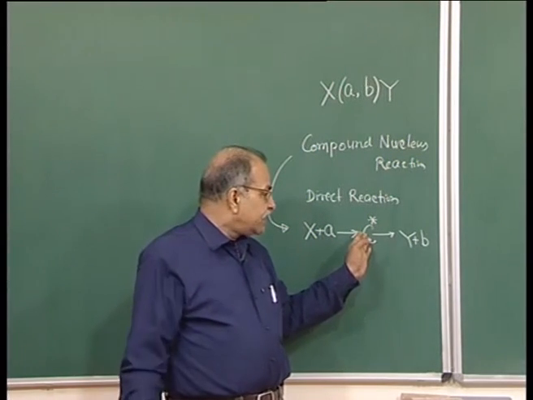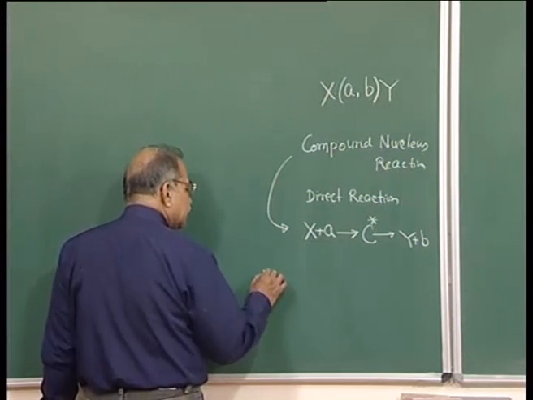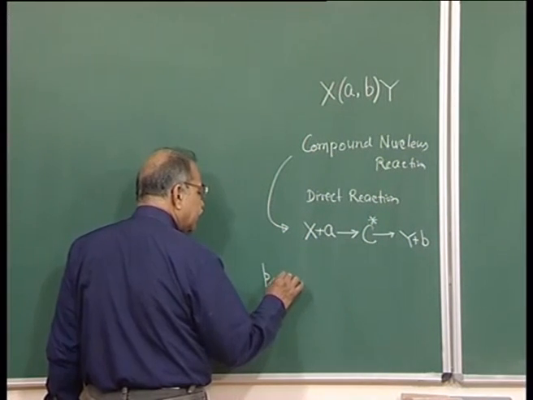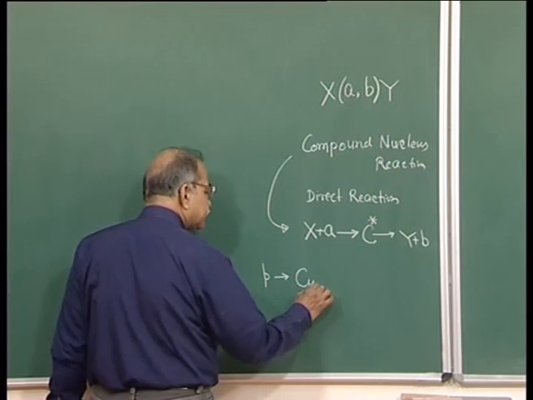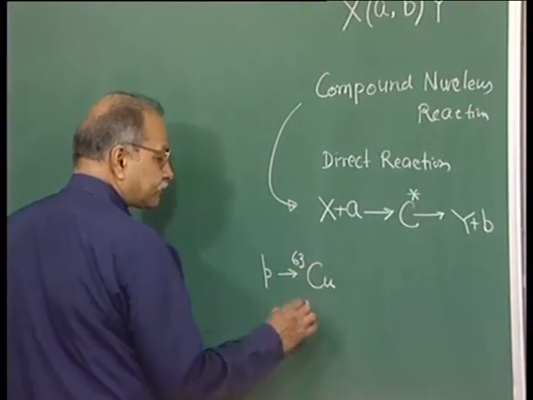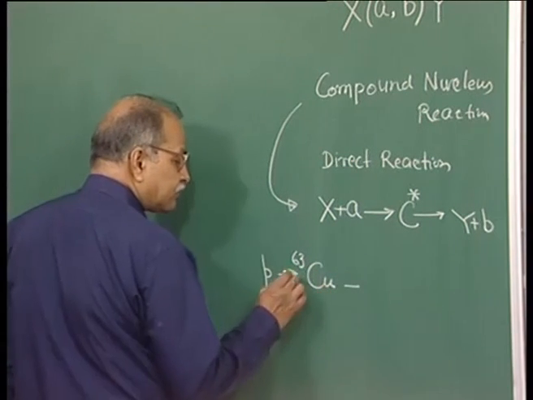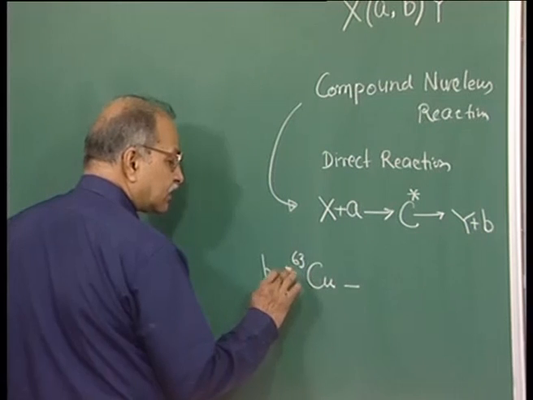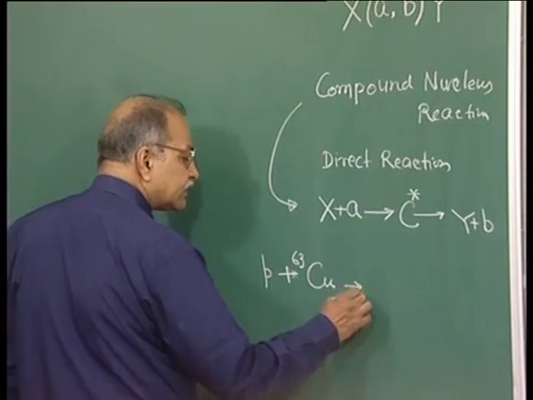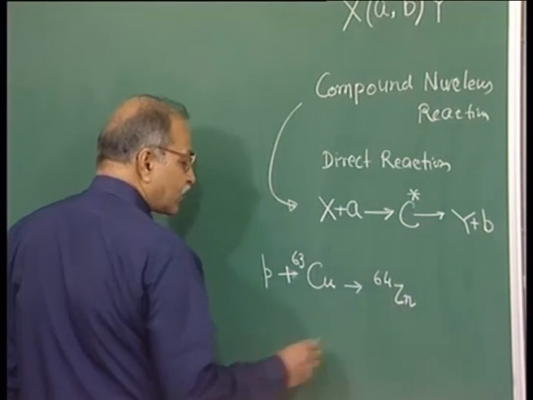I will show you a slide in which we have a proton falling on copper-63, and it will make zinc-64.